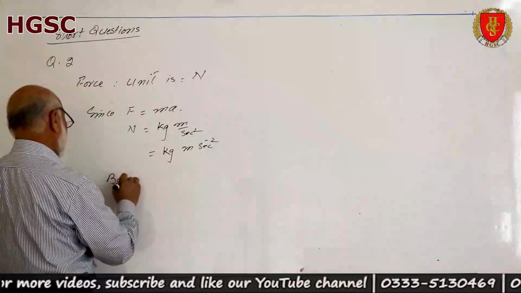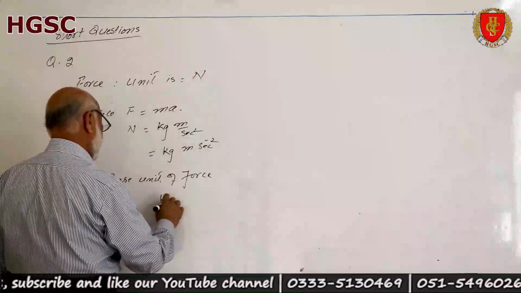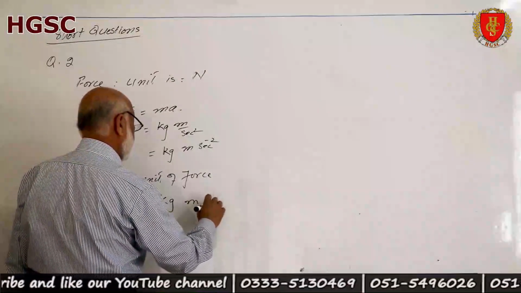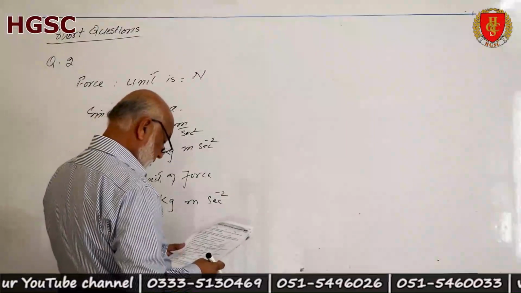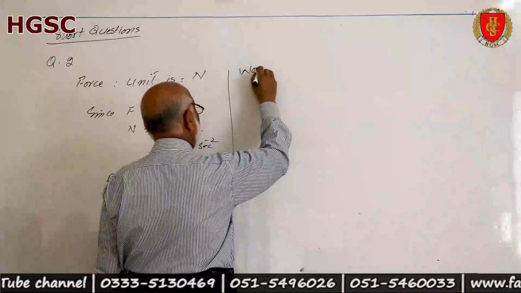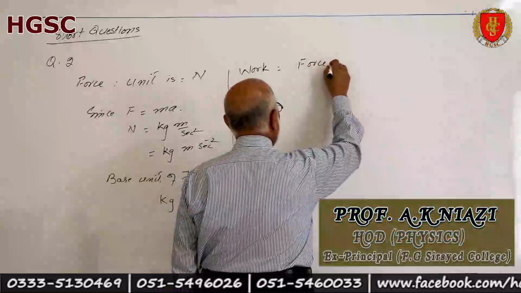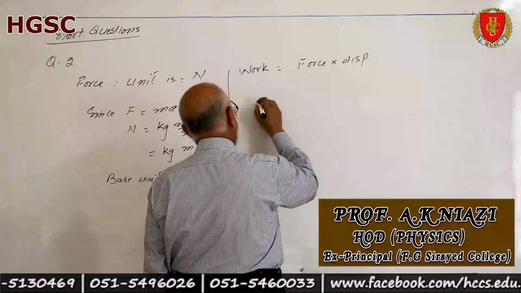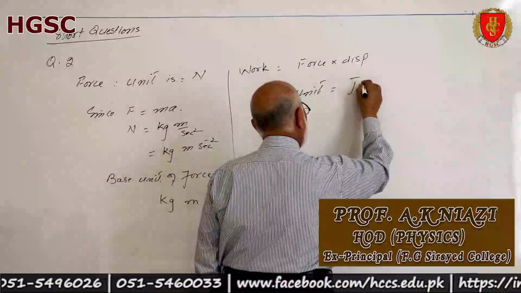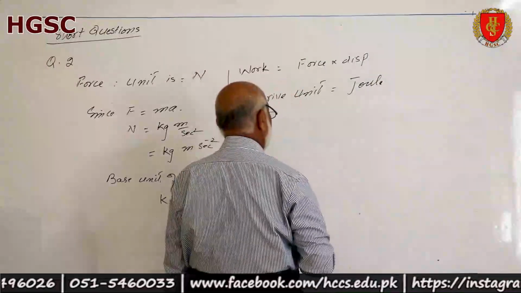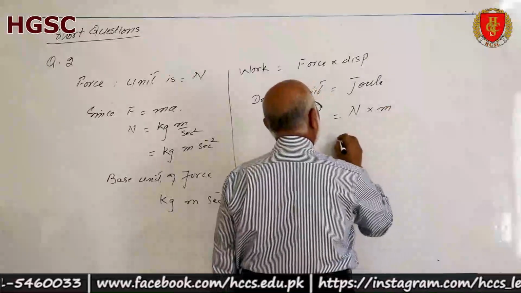So the base units of force are kilogram, meter and second, with this ratio. Another quantity is work. Work is the product of force and displacement. Derived unit is joule, and this can be written as Newton into meters.